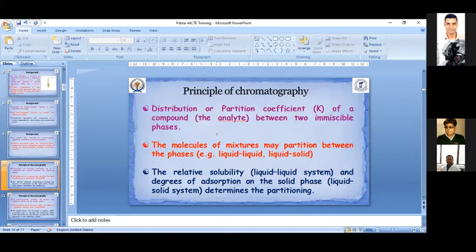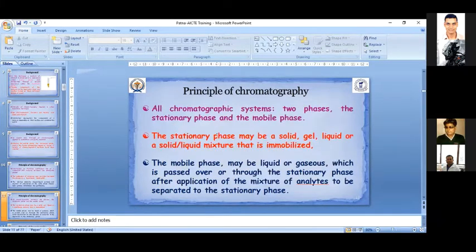chromatography. Chromatography depends upon the distribution or partition of the molecules between the two immiscible phases, and this is measured as the distribution or partition coefficient. This distribution or partition coefficient is the ratio of the concentration of molecules between the stationary phase and the mobile phase.